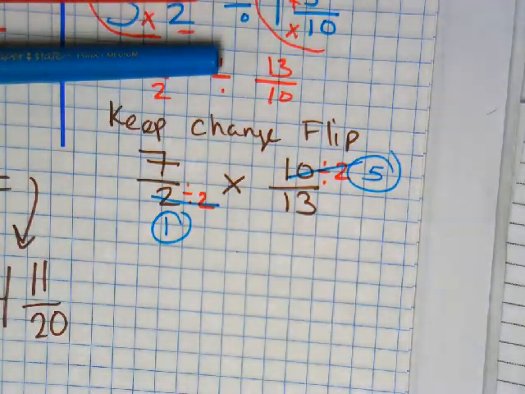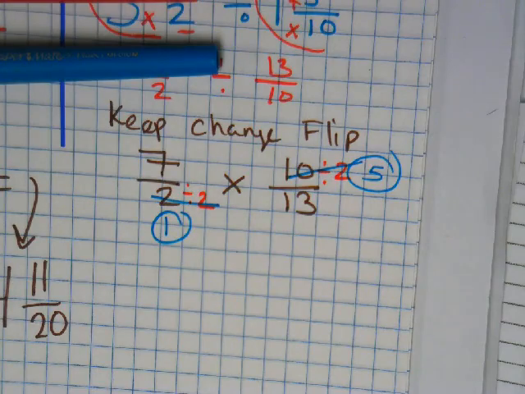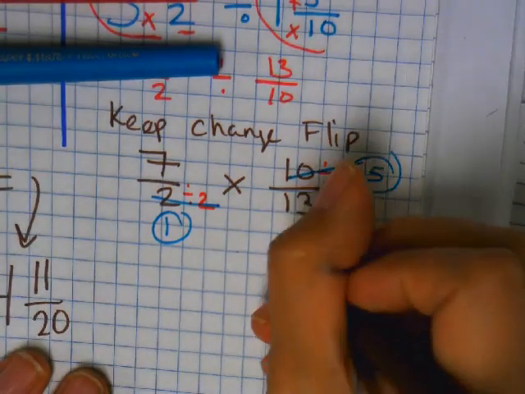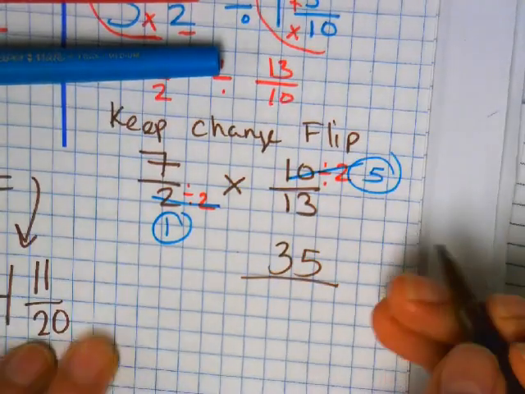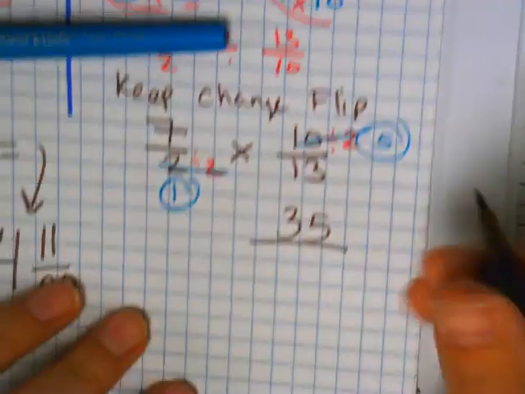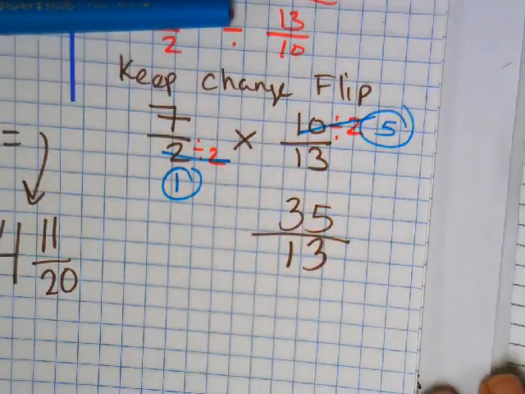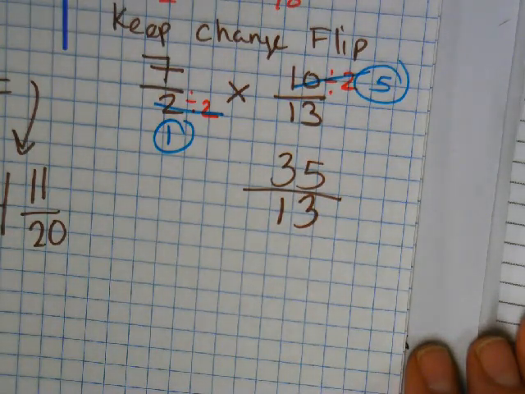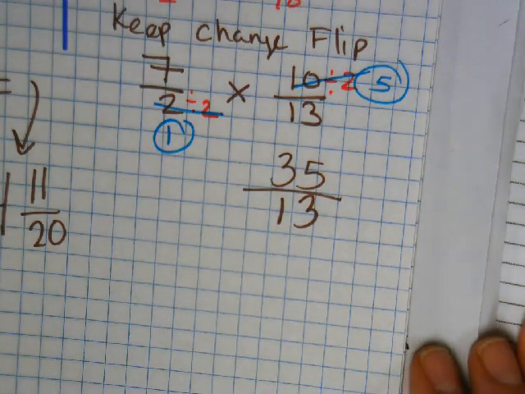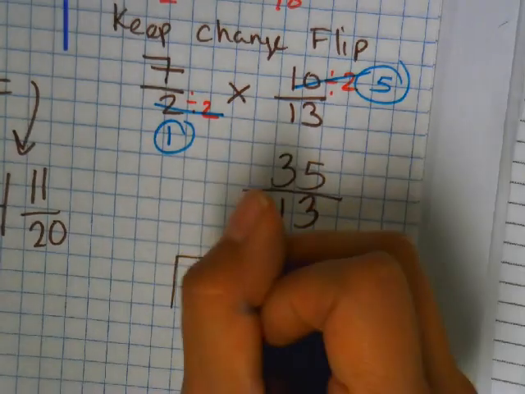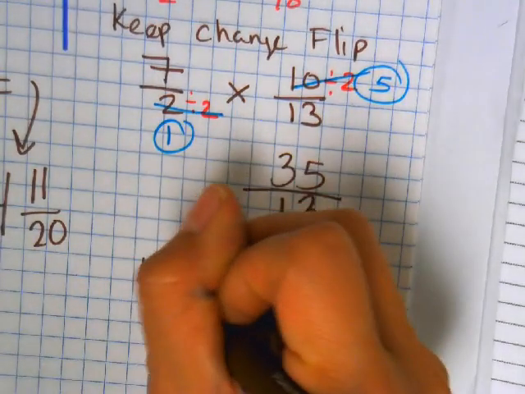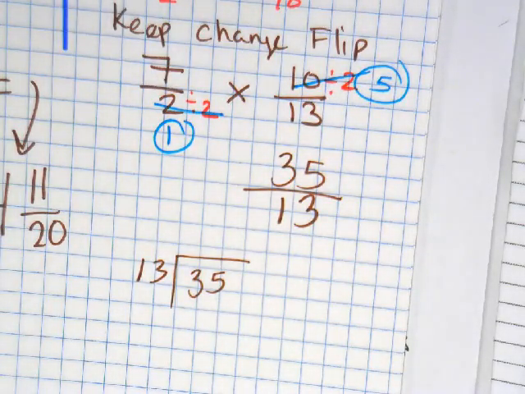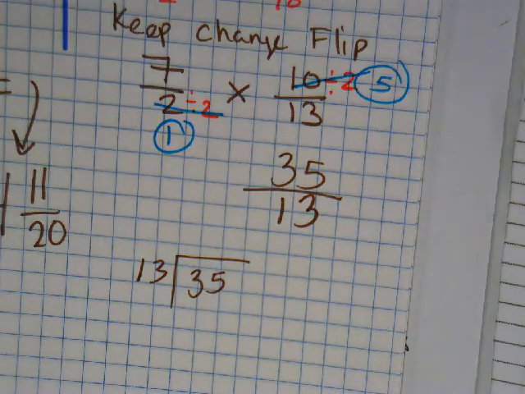All right, what's 7 times 5? 35. What's 1 times 13? 13. Am I done? Nope. What do we have to do now? Mixed number. By simplifying, yeah. All right, how many times does 13 go into 35? 2?